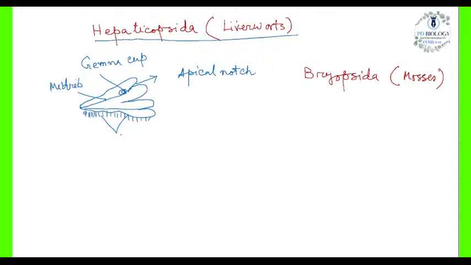And these are the rhizoids. So they are dorsoventrally flattened, dichotomously branched, thalloid body.